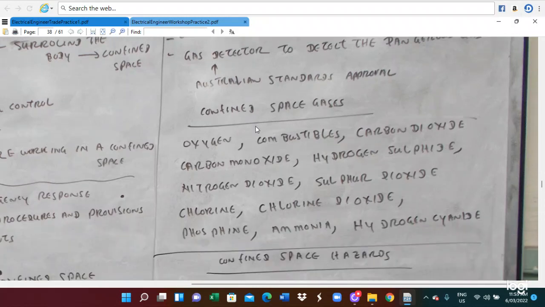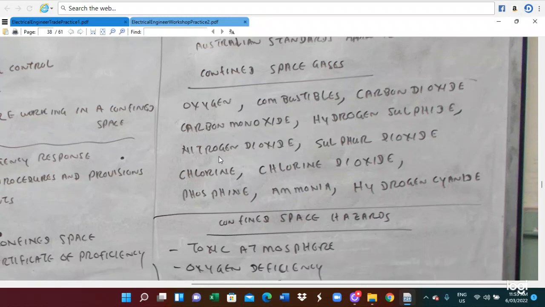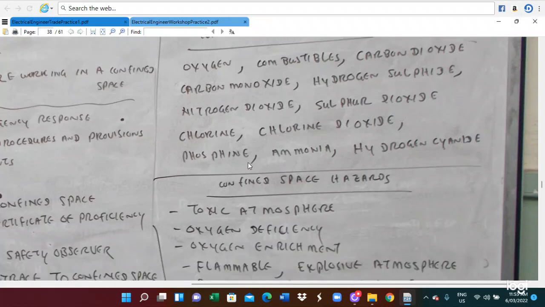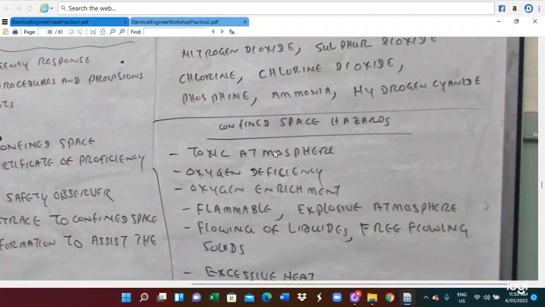The confined space gases are oxygen, combustible gases, carbon dioxide, carbon monoxide, hydrogen sulfide, nitrogen dioxide, sulfur dioxide, chlorine dioxide, phosphine, ammonia, and hydrogen cyanide. Those are the kinds of confined space gases you need to be protected against.